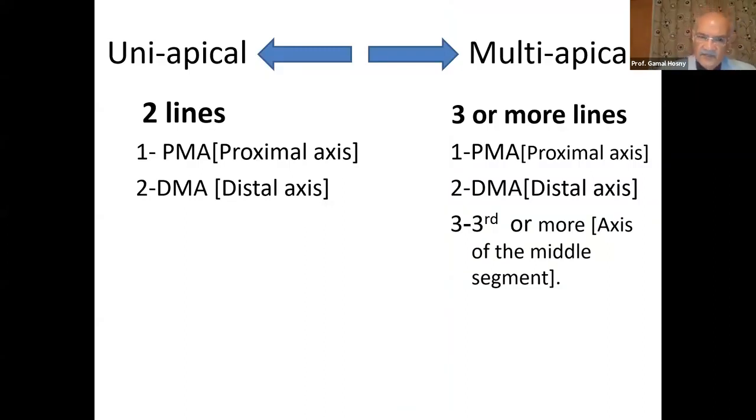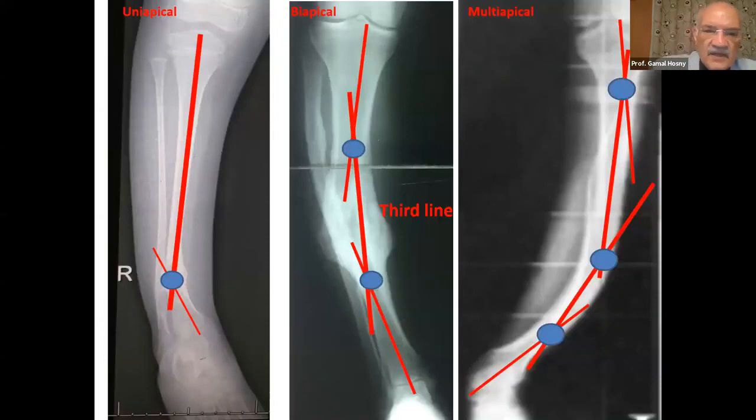So if you have a uniapical deformity, you have a proximal axis and distal axis. If you have a multi-apical deformity, you have a proximal axis, a distal axis, and a third line. And this is an example. This is a uniapical deformity: a line representing the proximal axis and a line representing the distal axis, and they are going to meet each other in the bone.